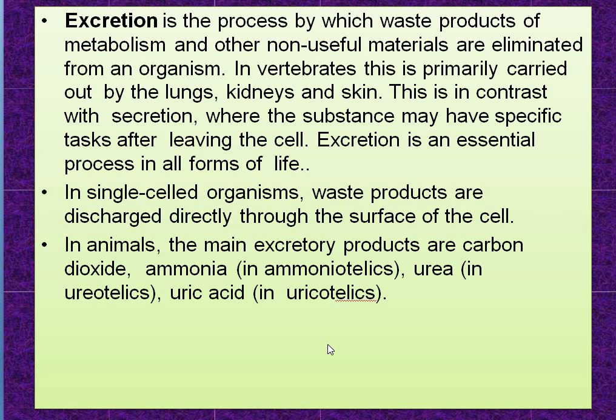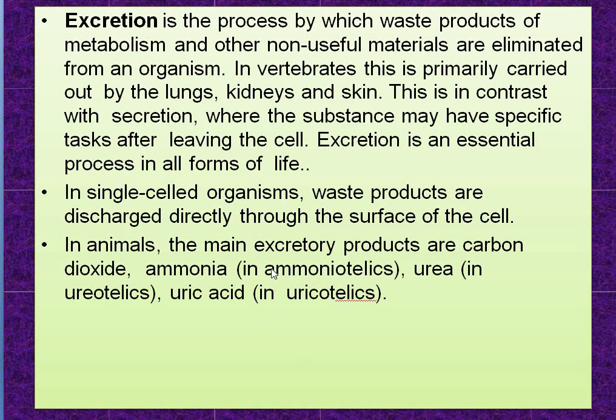So here we talk about basically the excretory products that are found or formed in the different groups of animals. The principal excretory product is mainly the urea, uric acid, then ammonia.